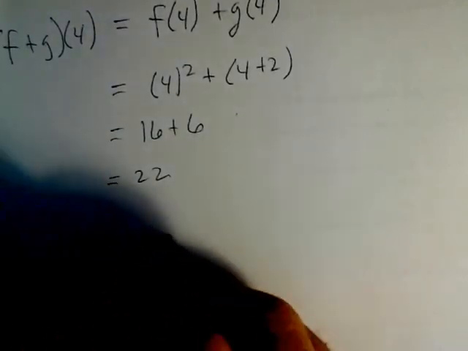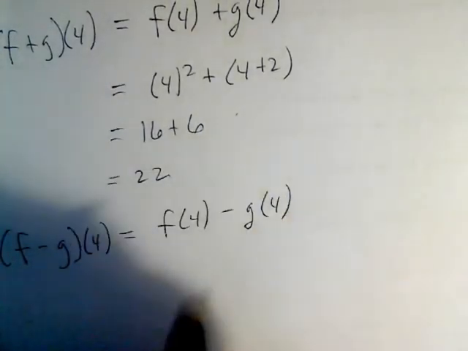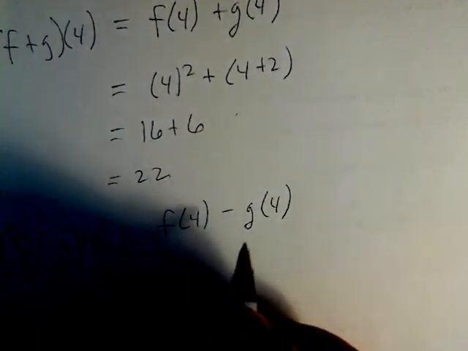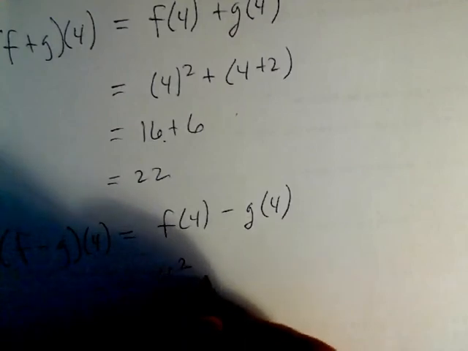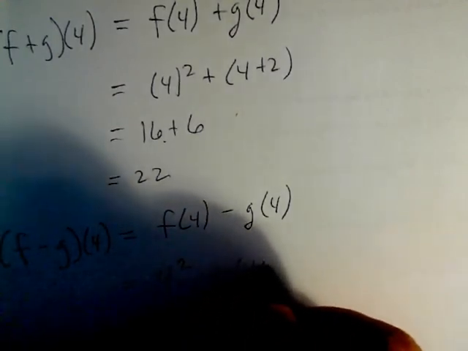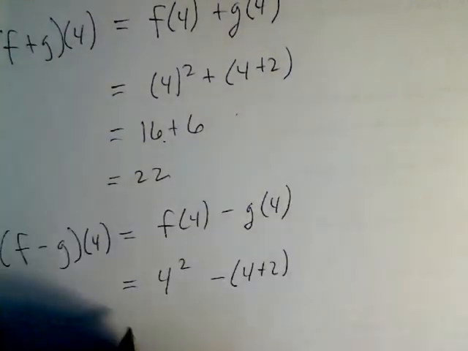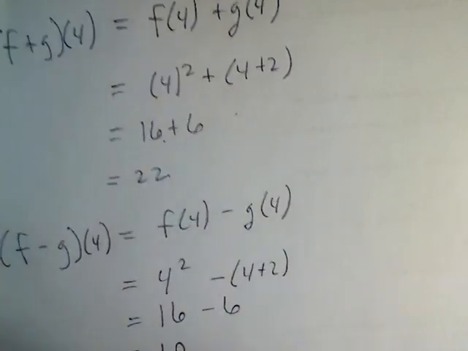For f minus g of 4, I take f of 4 minus g of 4. And you'll see that you're going to get the same number every time. 4 squared minus 4 plus 2. So that is 16 minus 6, which is 10.